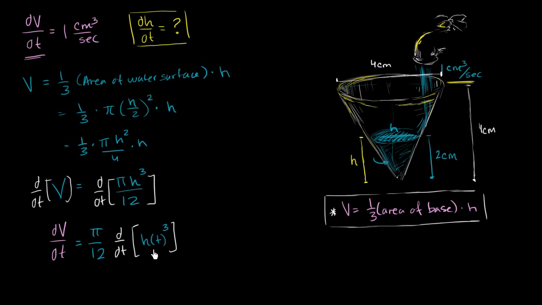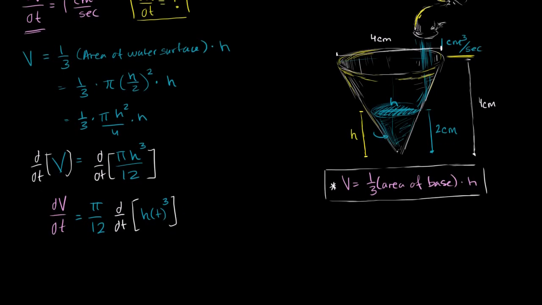Now, you might be getting a tingling feeling that the chain rule might be applicable here. So let's think about the chain rule. dV with respect to t is going to be equal to pi over 12 times the derivative of this with respect to t. We have something to the third power, so we want to take the derivative of something to the third power with respect to that something.